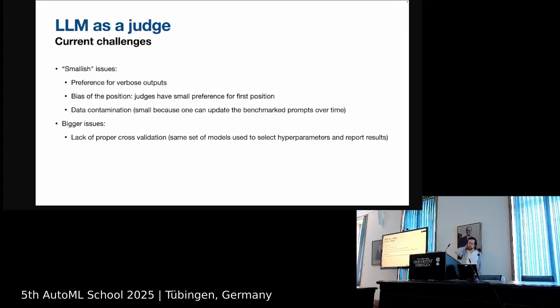So one big issue is that, I was very surprised, but most papers actually don't do cross-validation. For LLM as a judge, you have a lot of model choices, like hyperparameters, and you are picking them based on a score, and so your score should be a validation score, and you should have a test score.